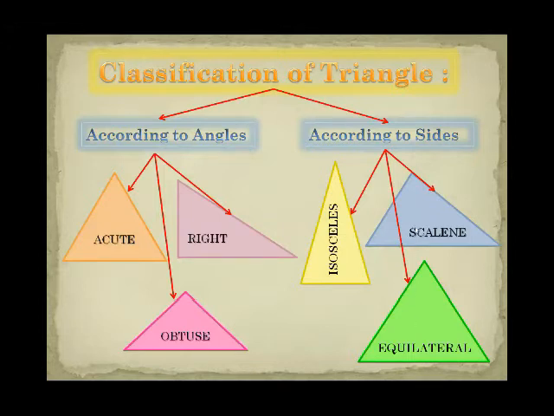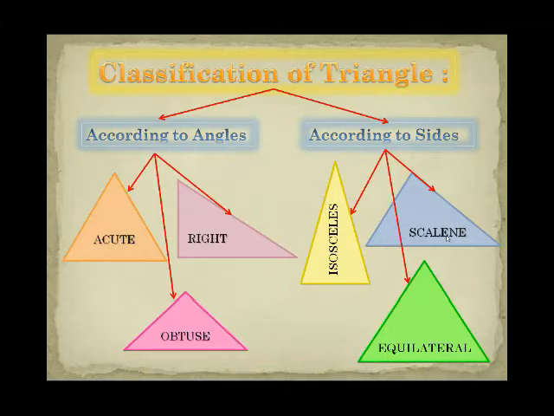Here we discuss, firstly, the scalene triangle. Now students, in a scalene triangle, all the three sides are not congruent. It means that they are not equal in measurement. All the three sides' measurements are not the same.